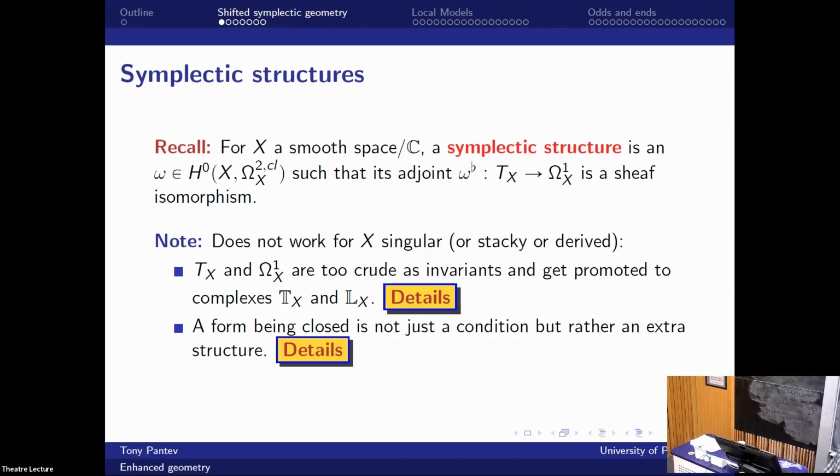So taking derivations of the algebra of functions or taking scalar differentials, these are too crude invariants. You need to replace them with the tangent complex and the cotangent complex.